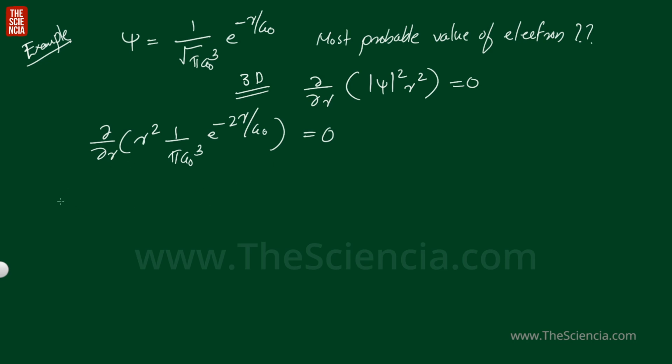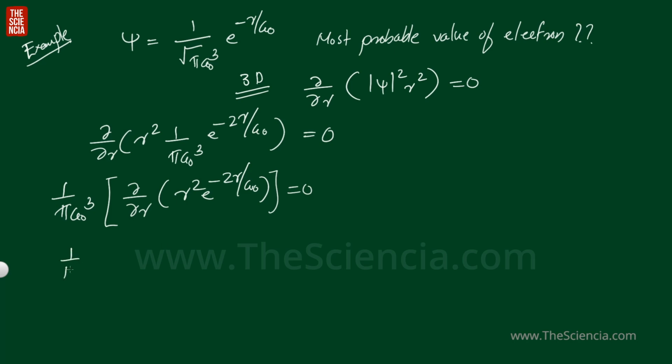So what is this derivative? We can take the 1 by pi a0 cube outside, and derivative dou by dou r of r square e raised to minus 2r by a0 equal to 0. So what we get?